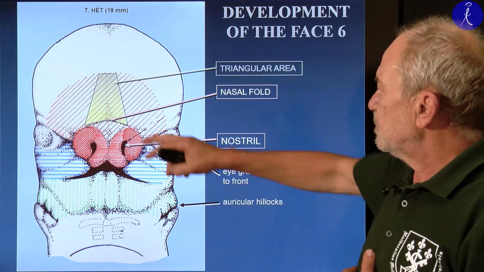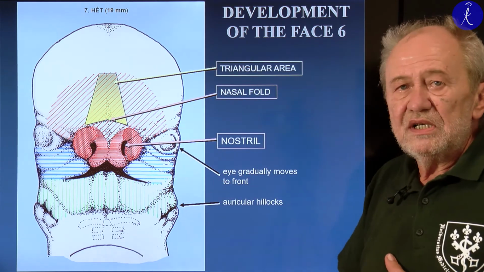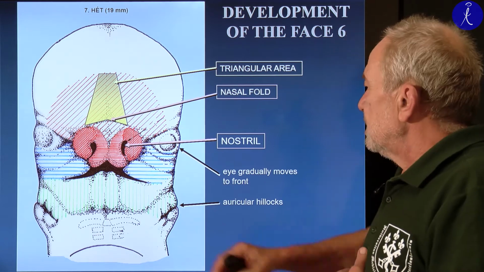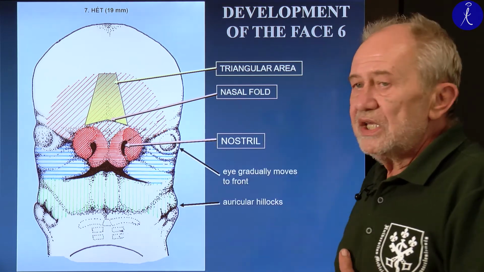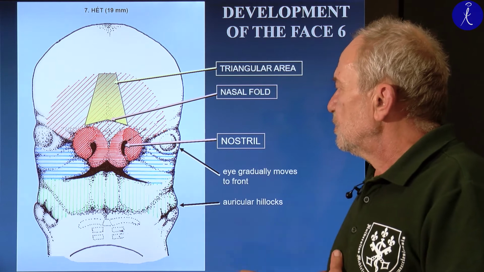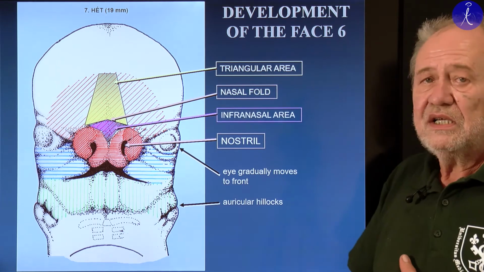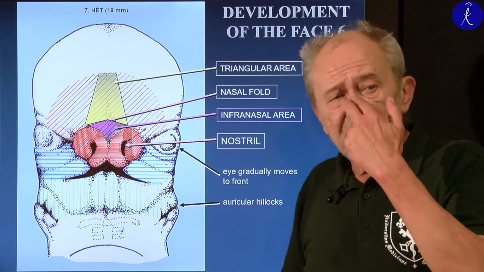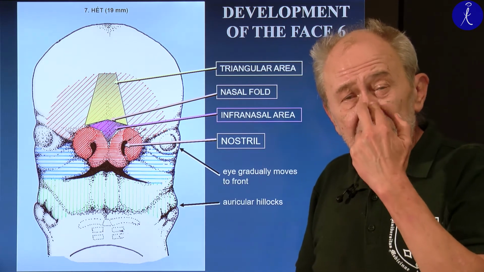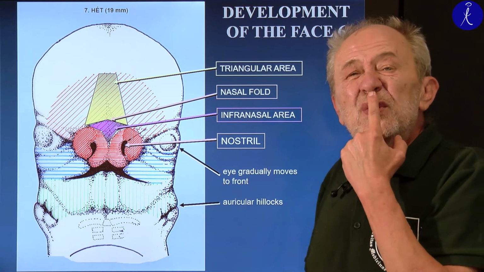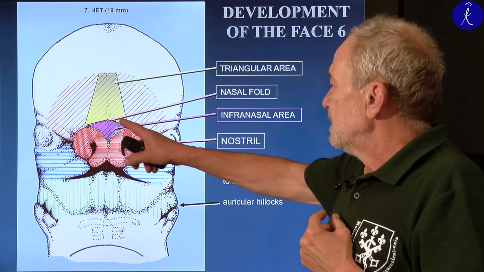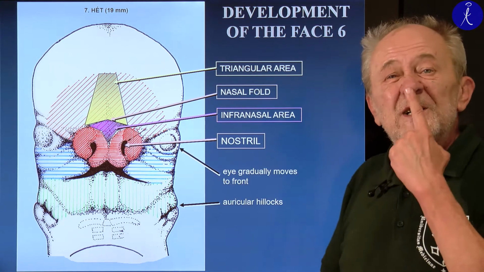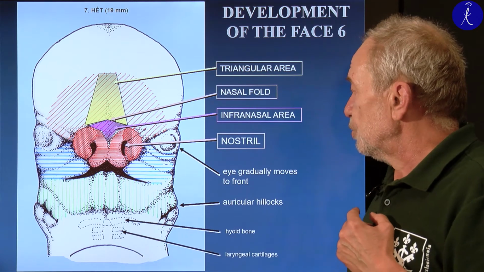The nasal fold separates two parts of the medial nasal process, an upper part which is called the triangular area, and the lower part which is called the infranasal area. Someone can easily figure out that the triangular area gives rise to the back of the nose, as well as the lower part of the nasal septum is the one which develops from the infranasal area between the two nostrils.